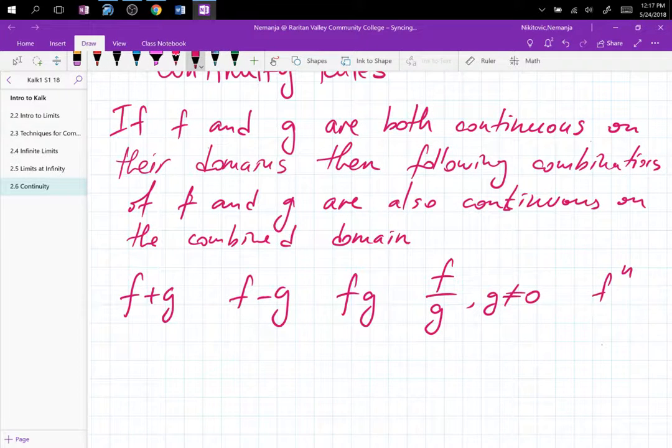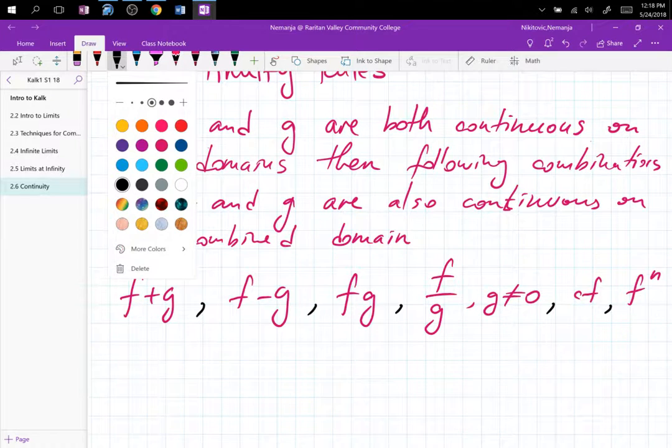Oh, multiplication by a constant. So let's put cf and f to the n. I'll put black commas to separate these. So these are function combinations. You can add functions, divide functions, you can square it, you can put it to the 10th power, whatever. So all of these will produce a continuous function.